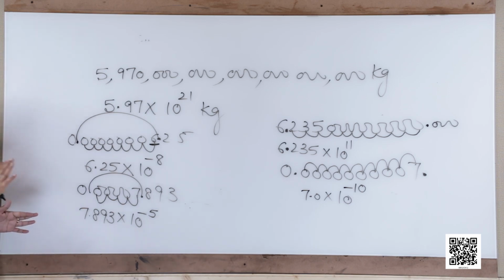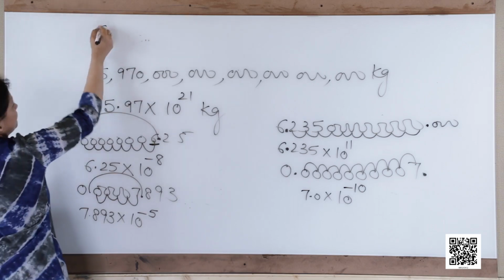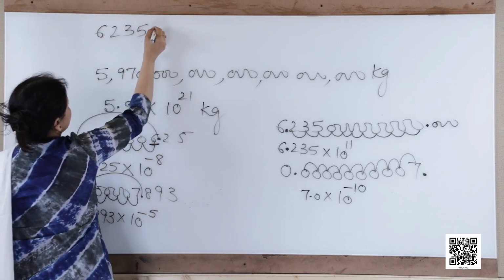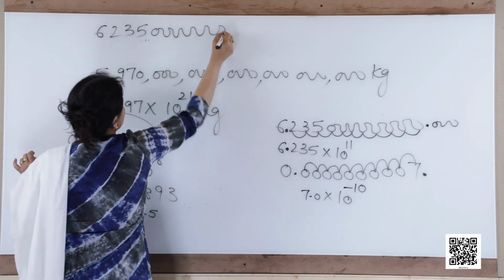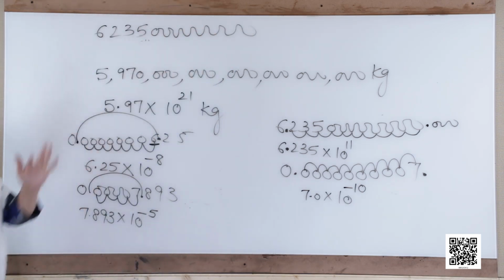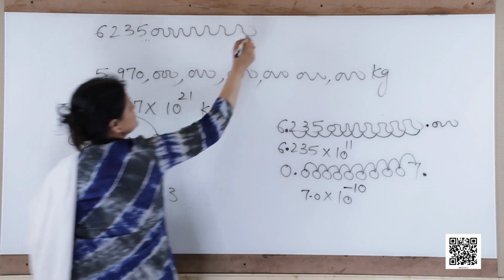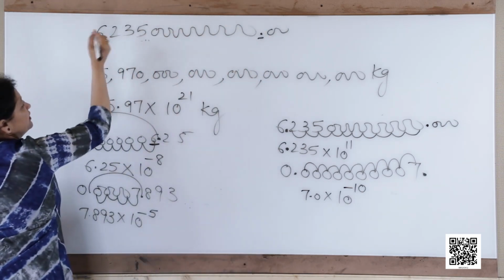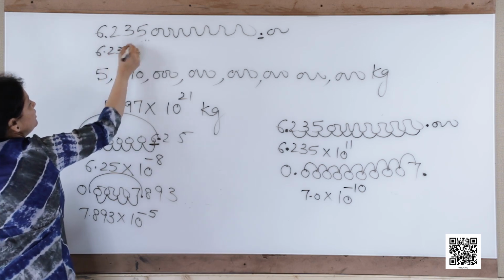One example where we are shifting from right to left is 6, 2, 3, 5, 0, 0, 0, 0, 0, 0, 0. They said to write in standard form. That means the decimal is at the end. From here, we shift our decimal here: 6.235.